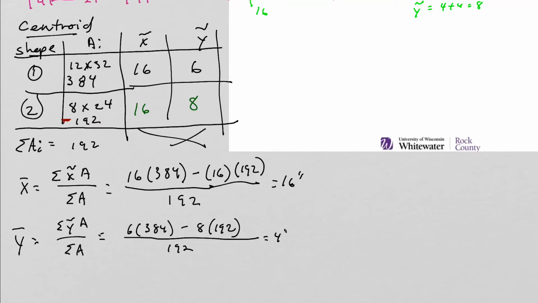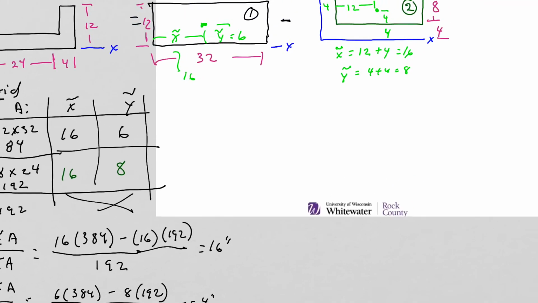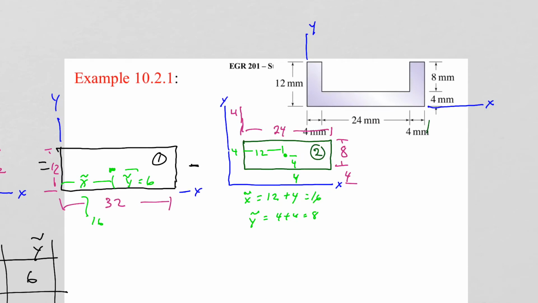We see that our y bar is 4. And let's see if that makes sense. For our main object here, it is telling us that it is at 16 for x and 4 for y. So it's right on that surface. And that makes sense for us, right? It definitely makes sense for x bar to be halfway across. It's a symmetrical object, so that makes sense.